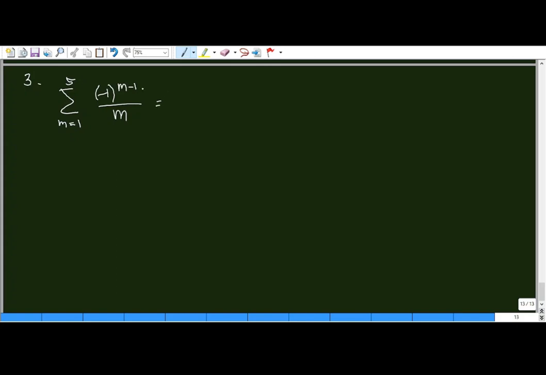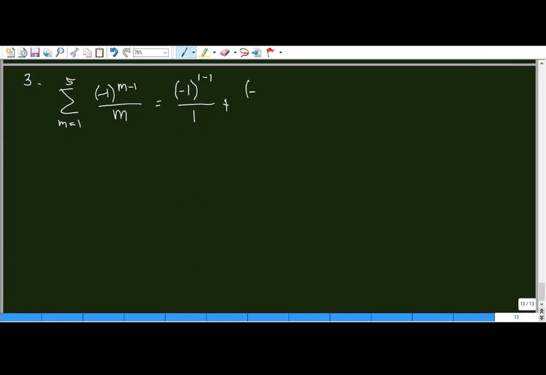So, if I'm going to expand this, that is equal to, again, negative 1 raised to 1 minus 1 over 1. Sundan ko lang yung equation na to.